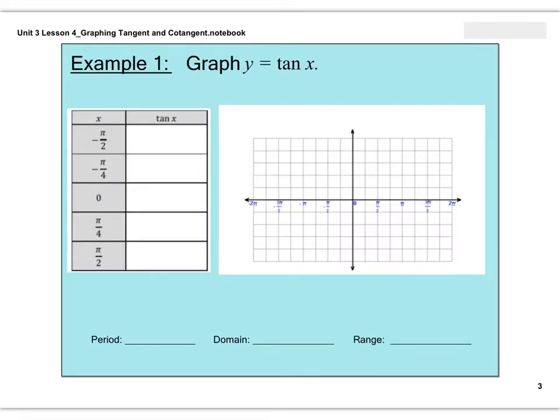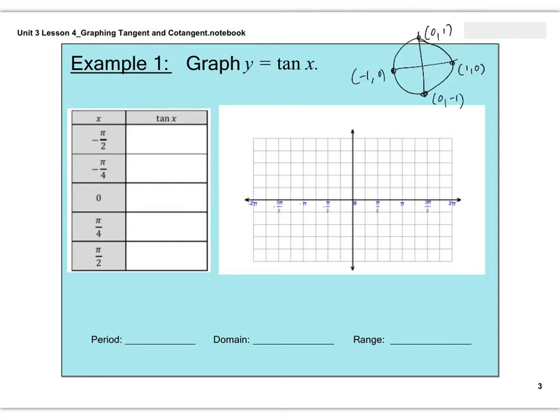Let's think about the unit circle. Remember the unit circle, the coordinate over here is at 1, 0. Coordinate up here at pi over 2 or 90 is 0, 1. The coordinate over here at pi or 180 is negative 1, 0. And the coordinate down here at 270 or 3 pi over 2 is 0, negative 1.